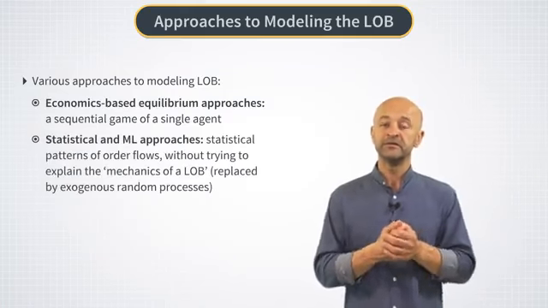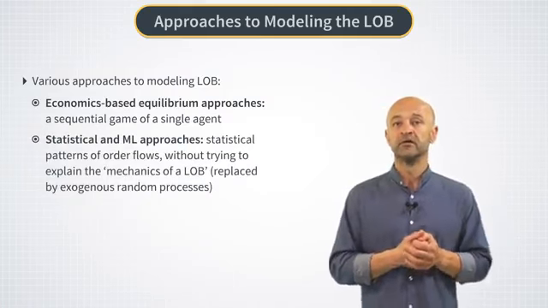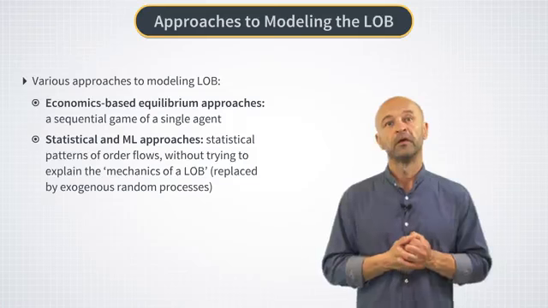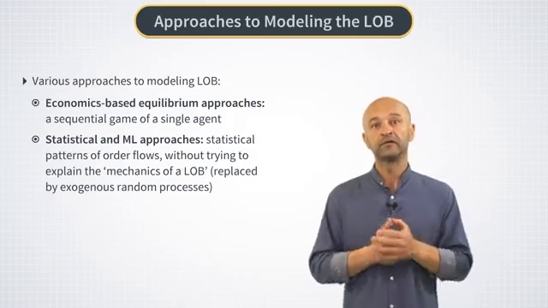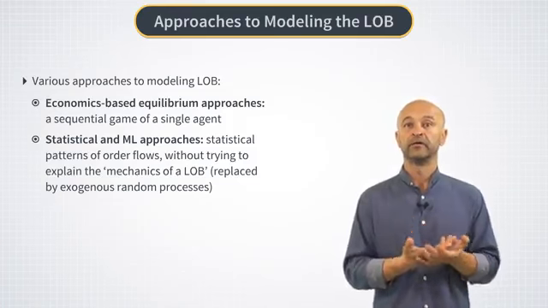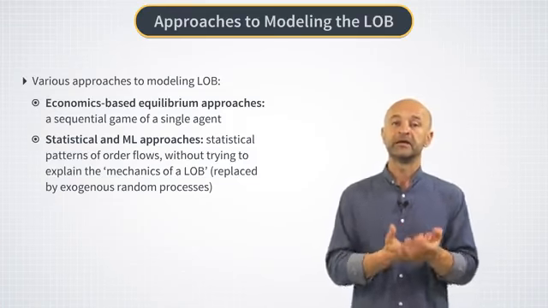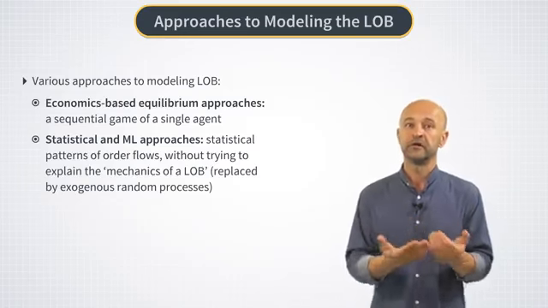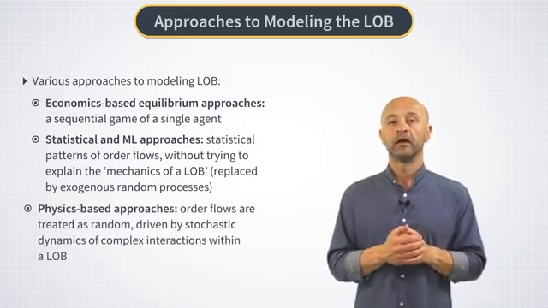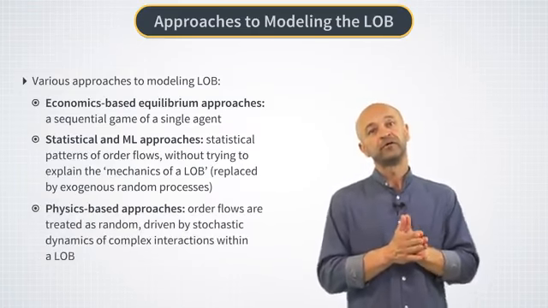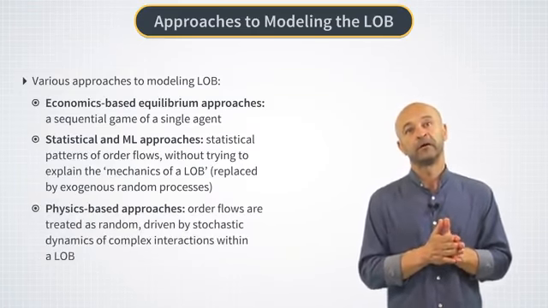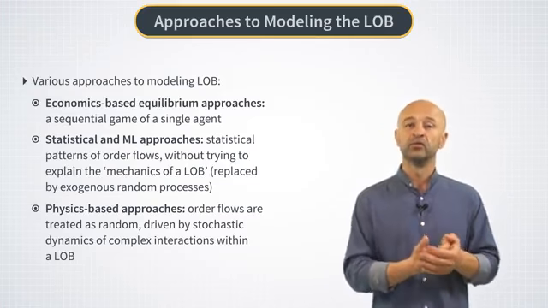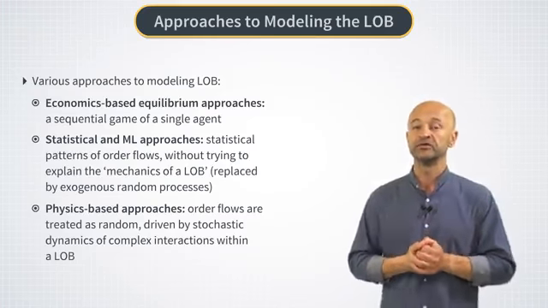For example, statistical and machine learning methods focus on statistical patterns of order flows. And they do not try to explain the mechanics of the LOB. Instead, they operate with exogenous random processes that describe order flows. And finally, there are physics-motivated approaches that view random order flows as connected to stochastic dynamics of interactions within the LOB.